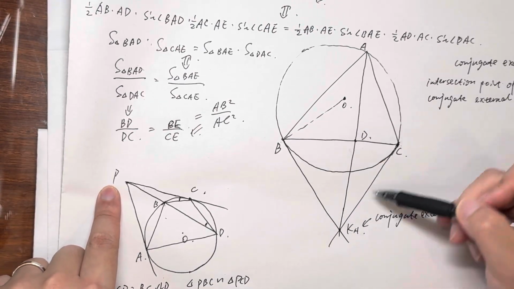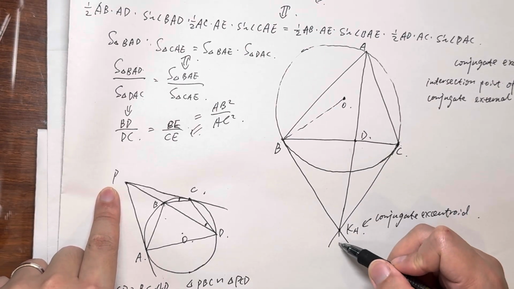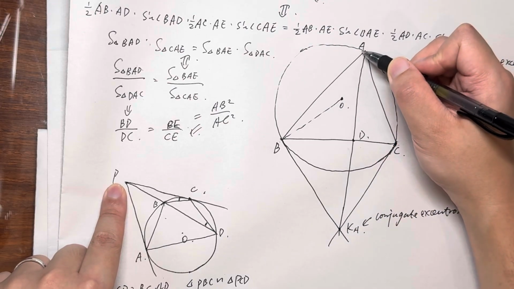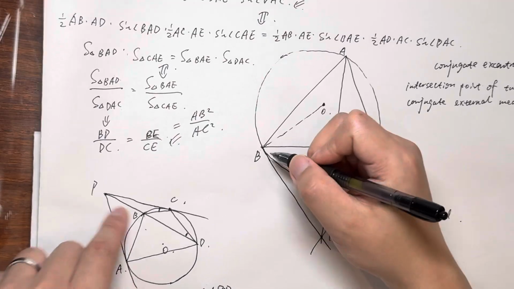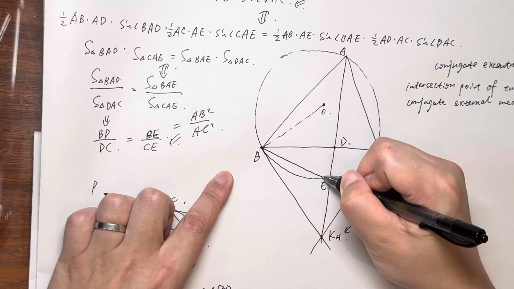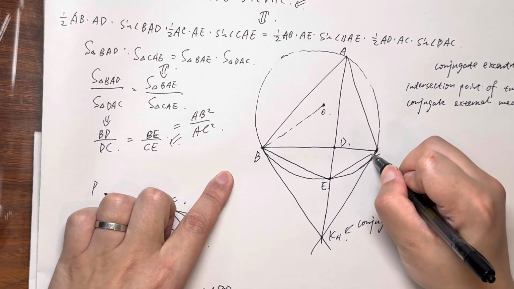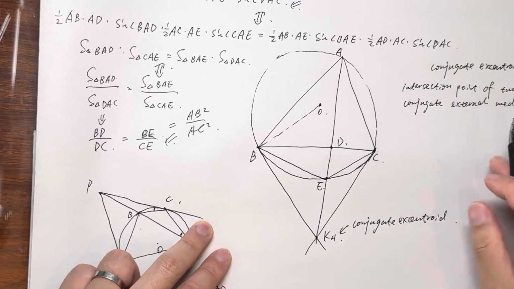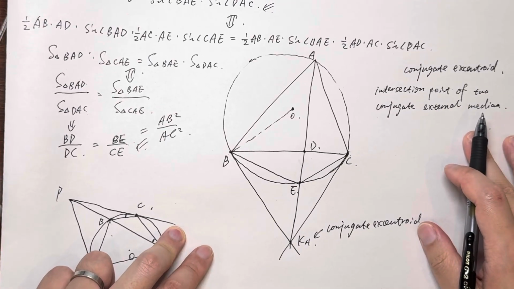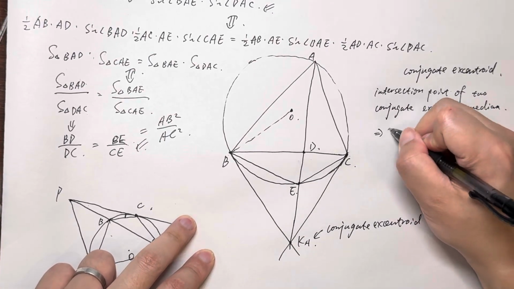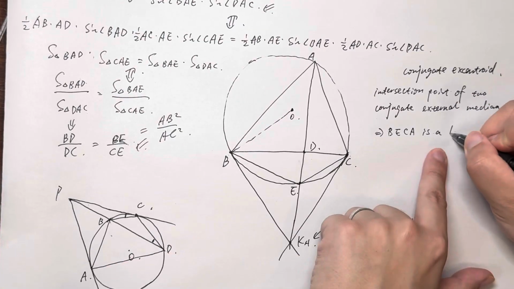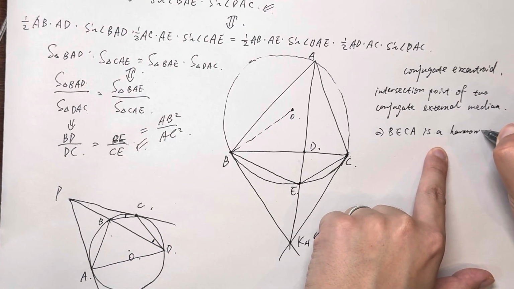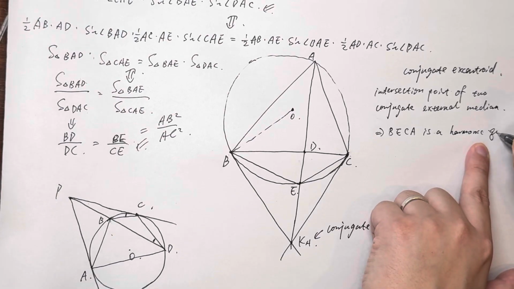That's two tangent lines, and we connect KA to A. So we already know that this point, let's call it E, BECA is a harmonic quadrilateral, right? So we know that BECA is a harmonic quadrilateral.